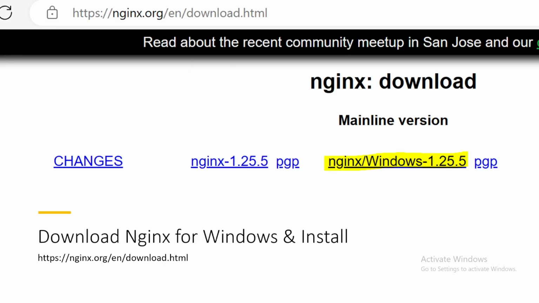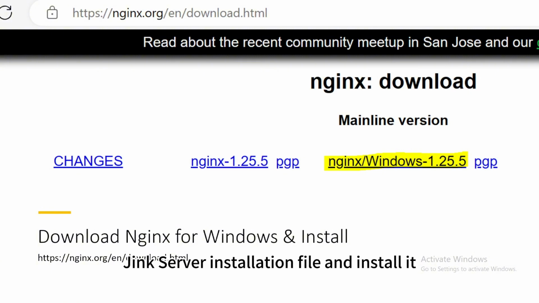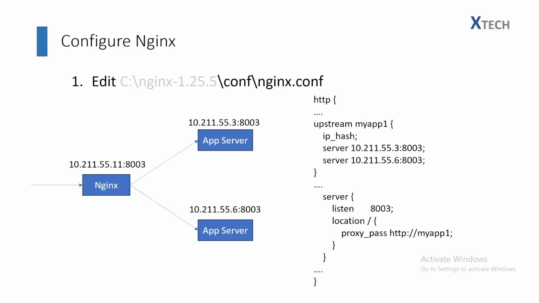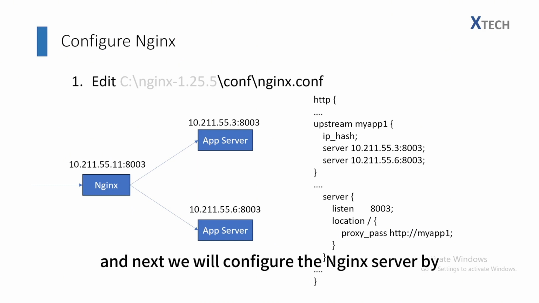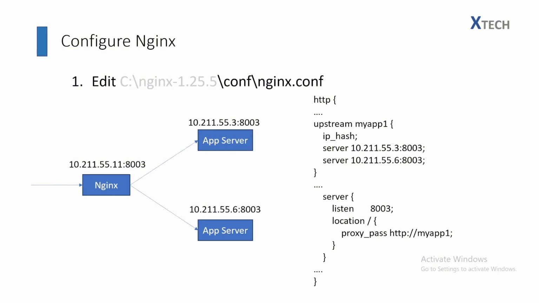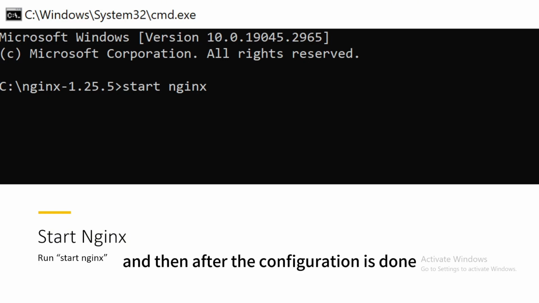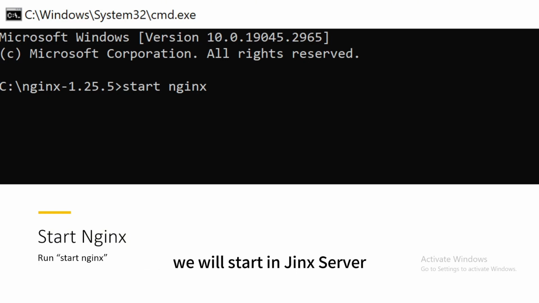Number 1. Please download the Nginx server installation file and install it. And next, we will configure the Nginx server by editing the configuration file. And then after the configuration is done, we will start Nginx server.